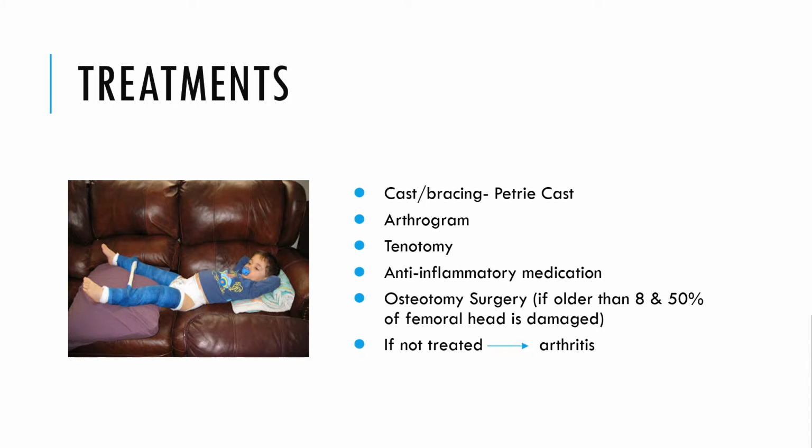Other procedures that may help are an arthrogram, which is an X-ray of the inside of a joint, a tenotomy, which is a minor procedure to release the tightness in the adductor longus muscle in the groin, anti-inflammatory medication, or an osteotomy surgery. There are many factors that can contribute to the number of treatments that are available. If not treated at all, it may lead to arthritis.